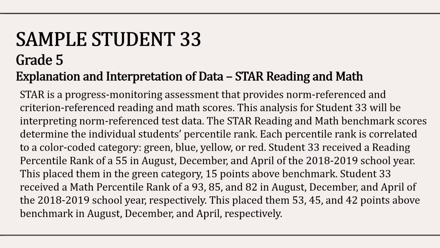So each of your child's percentile ranks is correlated to a color-coded category: green, blue, yellow, or red. Now, your child received a reading percentile rank of 55 in August, December, and April for the 2018-2019 school year, and that placed them in the green category, 15 points above the benchmark.